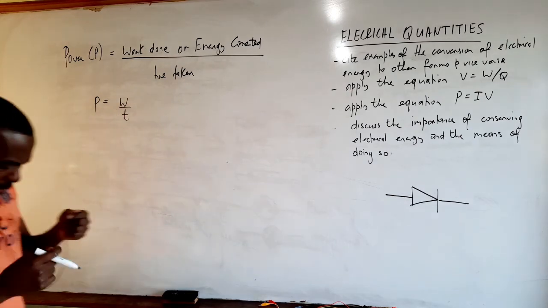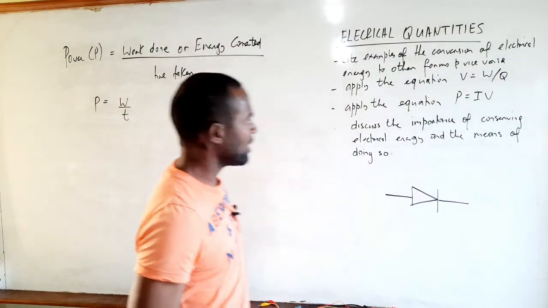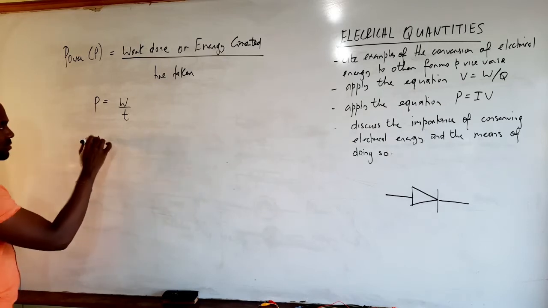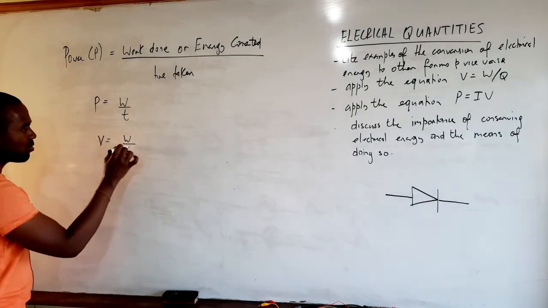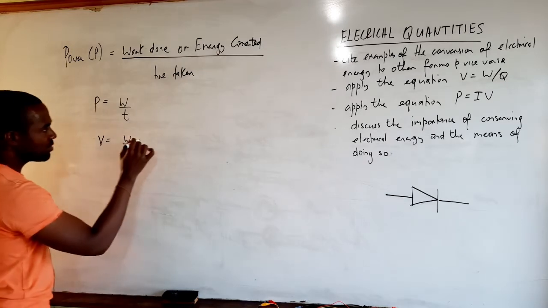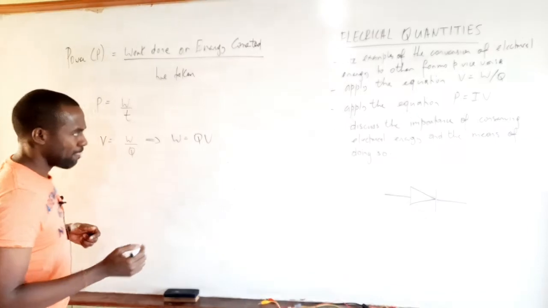Good? However, if we look at that equation there, we can say that V is equal to W over Q. And from this equation, it would therefore mean that W is equal to QV, right?